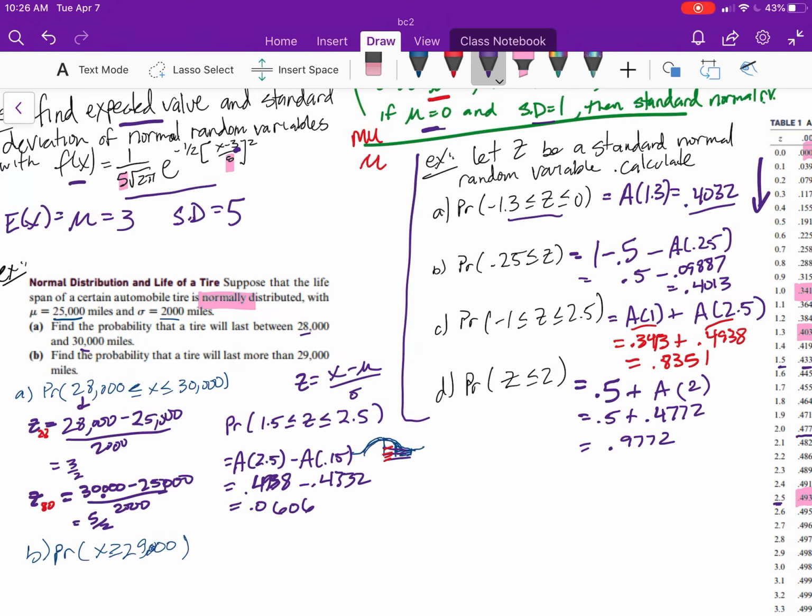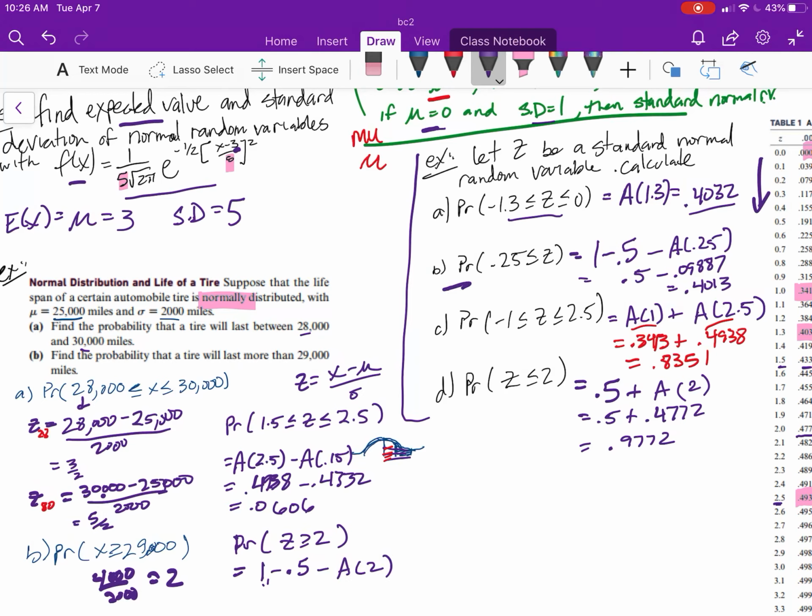So it's 29,000 minus 25,000, which is 4,000 over 2,000, which is 2. So the probability that z is greater or equal to 2 is equivalent to 0.5 minus the area of 2.